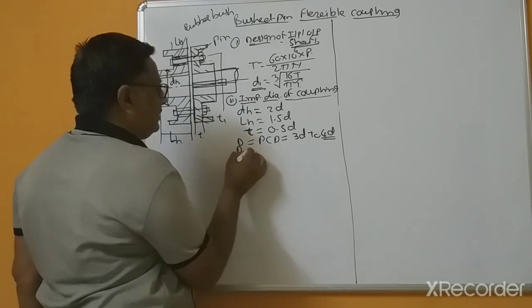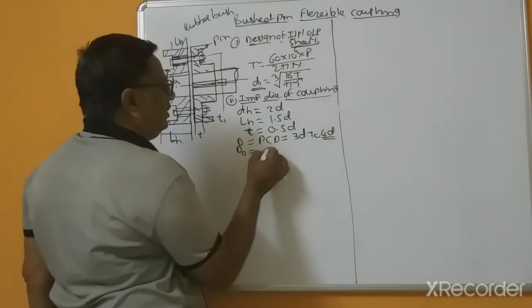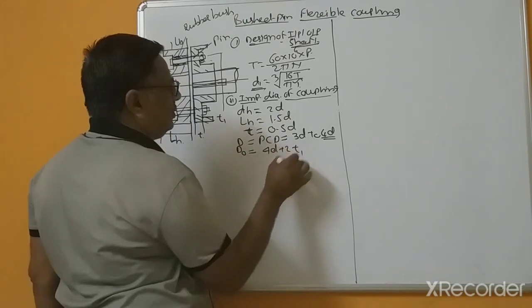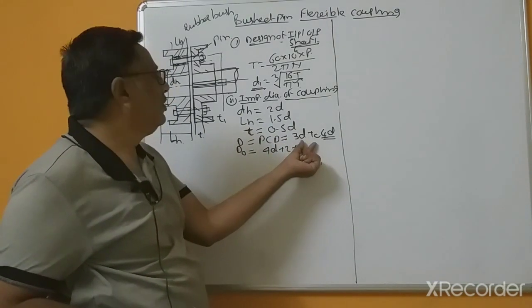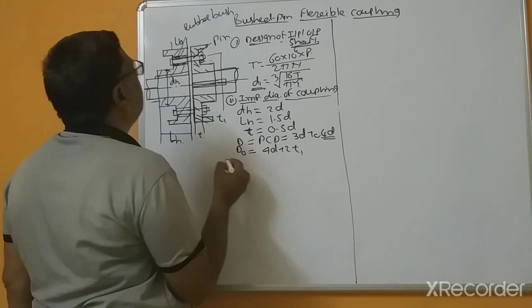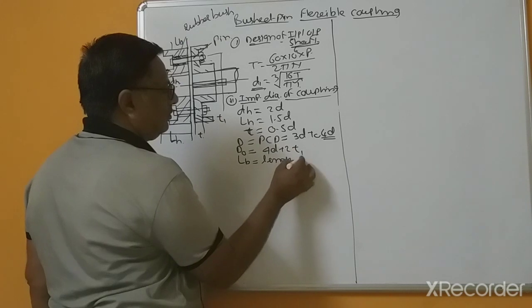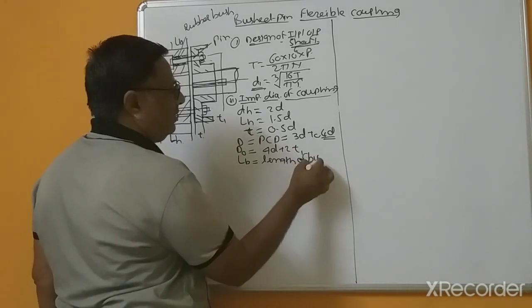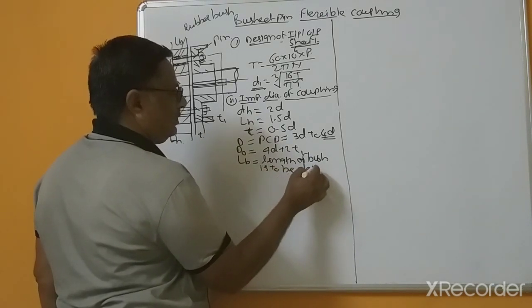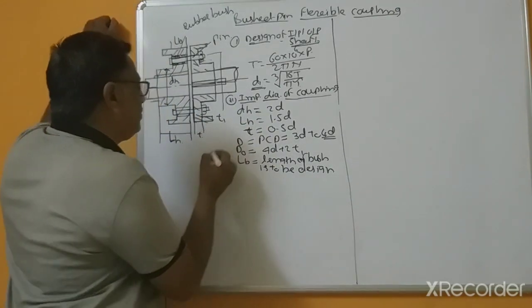Outer diameter equals 4D plus 2T1, or otherwise 5D. The length of the bush, LB, is to be designed. So this is the second step.